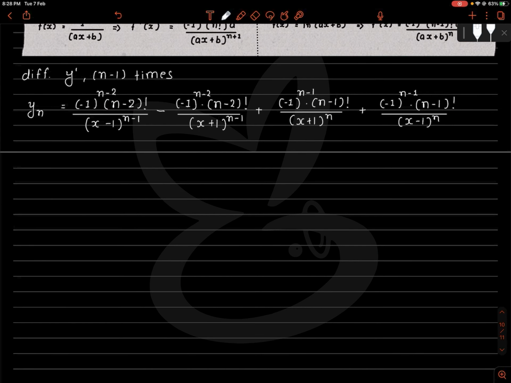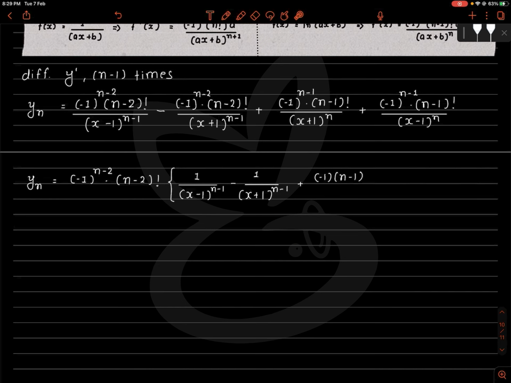So in the next step, we will get the nth derivative equal to (minus 1) raised to n minus 2 into (n minus 2) factorial into the bracket 1/(x minus 1) raised to n minus 1, minus 1/(x plus 1) raised to n minus 1, plus, here you can see minus 1 raised to n minus 2 is taken, so minus 1 is still here, so we will write minus 1 into (n minus 1).